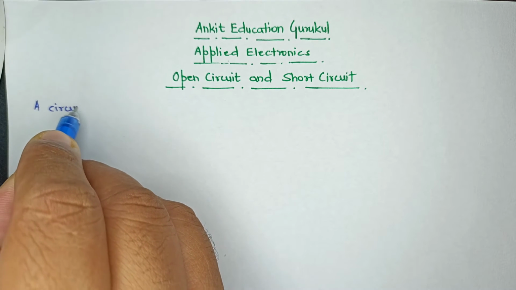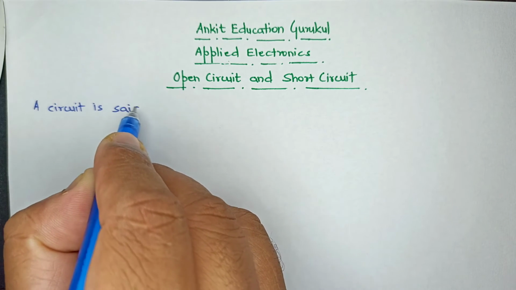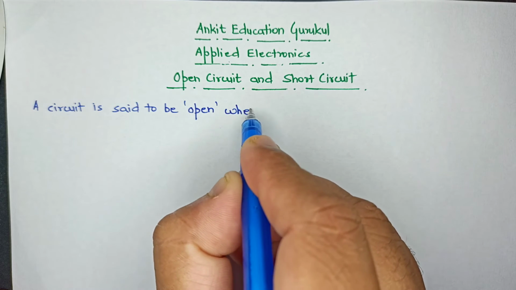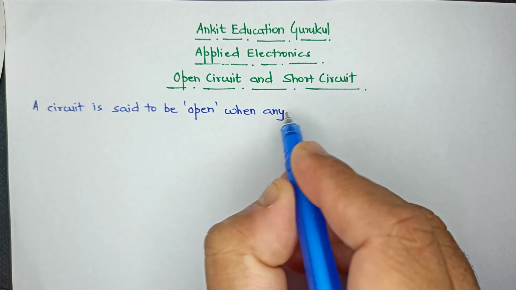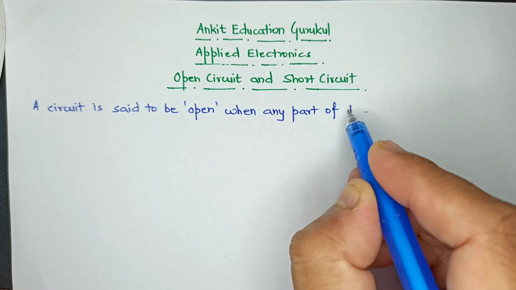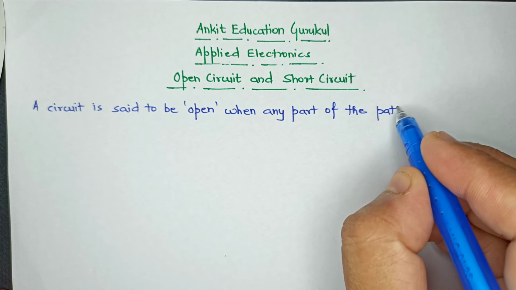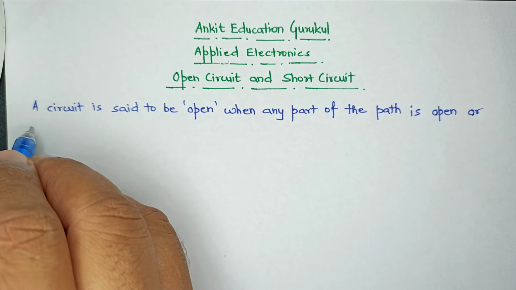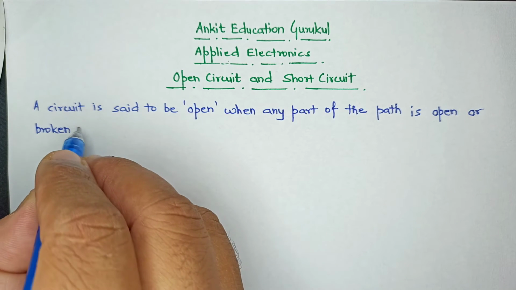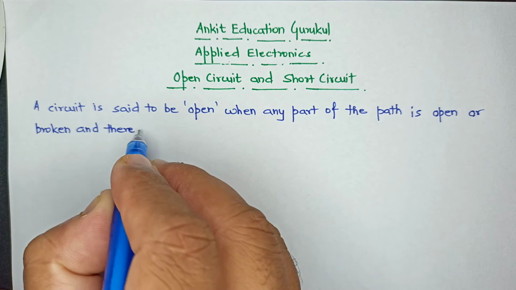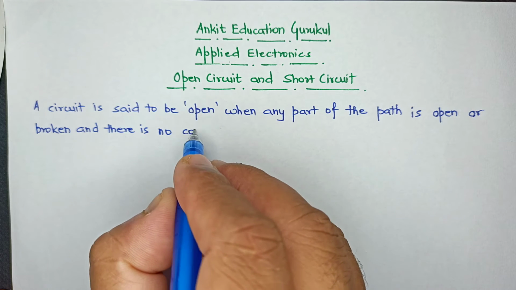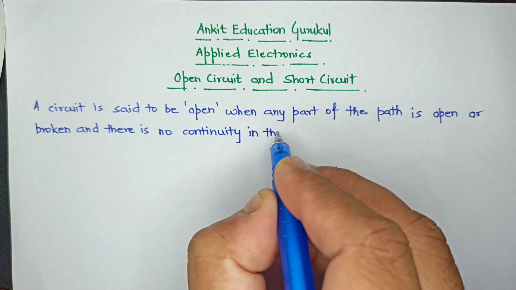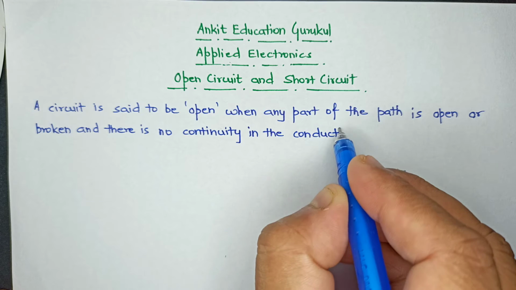A circuit is said to be open when any part of the path is open or broken, and there is no continuity in the conducting path.